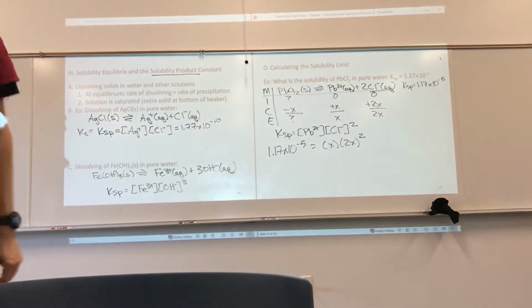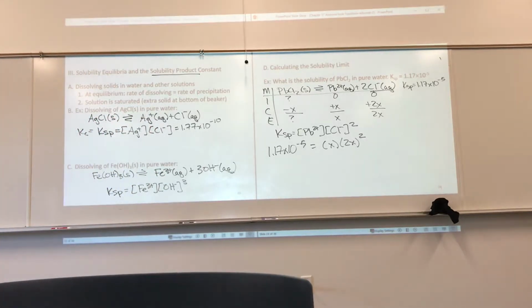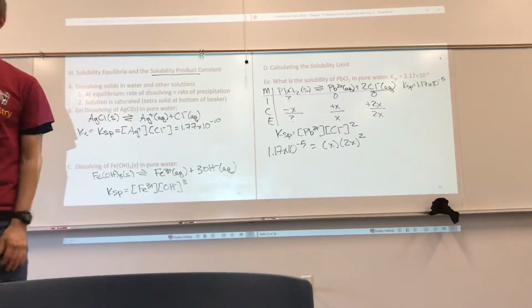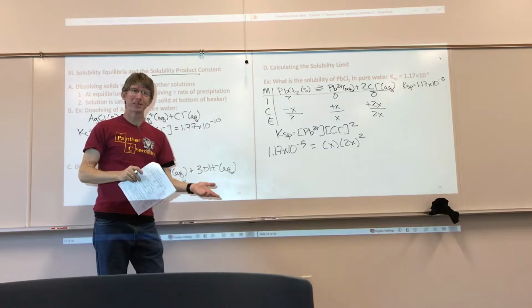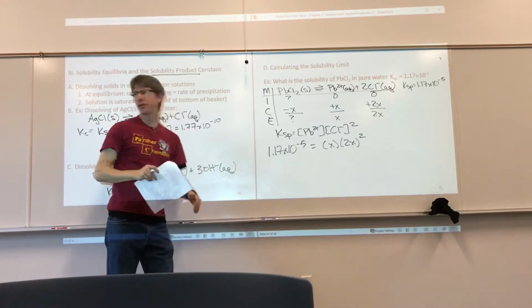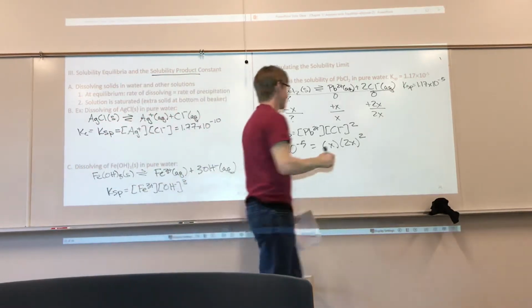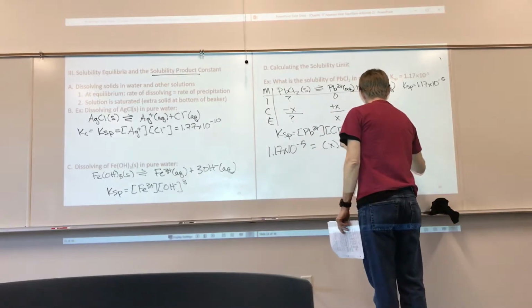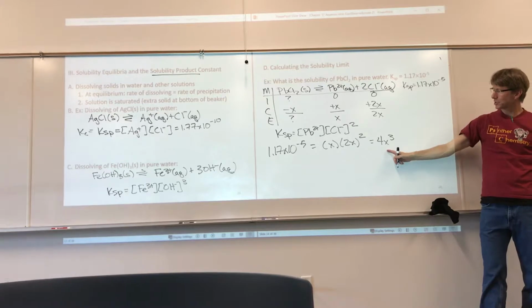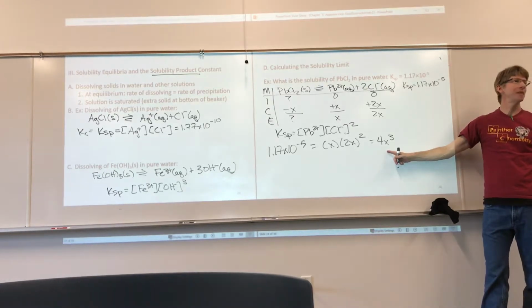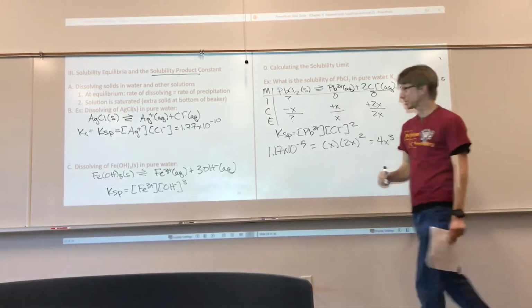The coefficient shows up both in the 2x part and the squared part. But the lovely thing about this, no denominator, no quadratic equation. Our KSP value turns out equals 4x cubed. Divide by 4, take the cube root to solve for x.